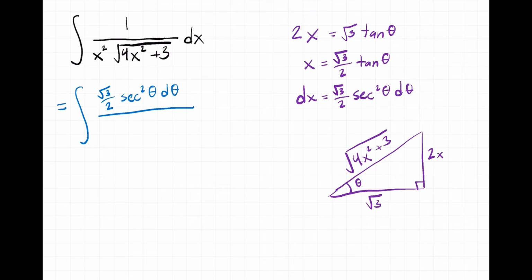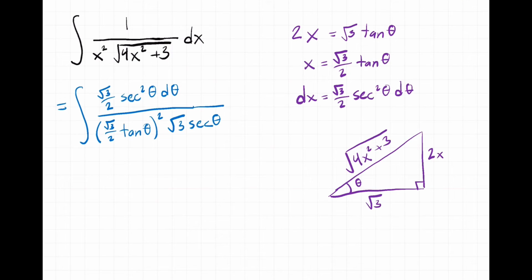And on the bottom, we have x squared. We know that x is root 3 over 2 tangent theta, and that whole thing's being squared. And then we have our square root there, the square root of 4x squared plus 3. And we already worked out that that square root is equal to root 3 secant of theta.